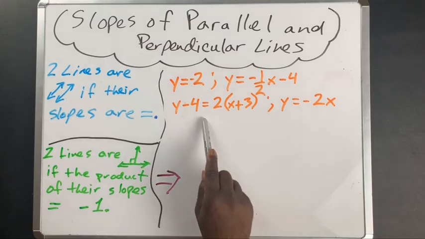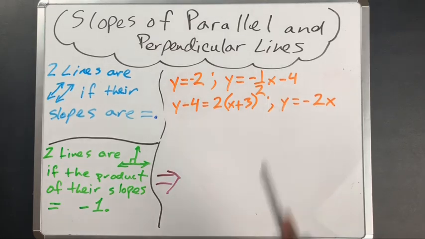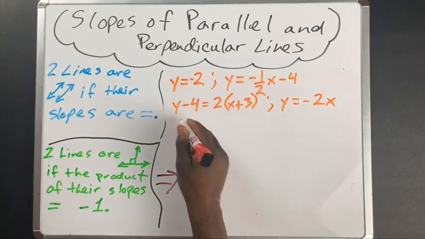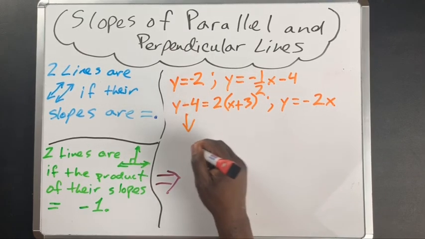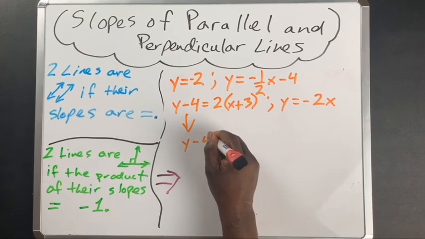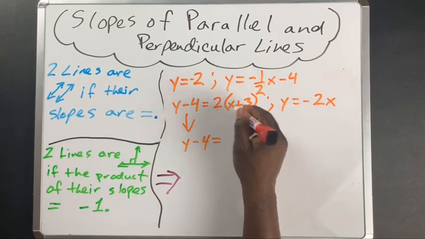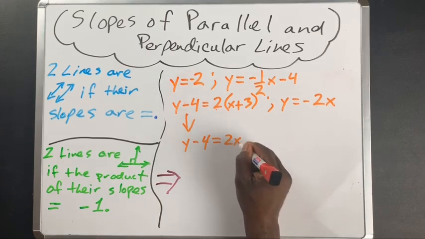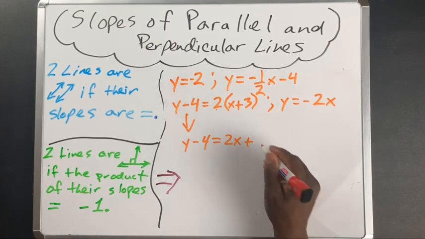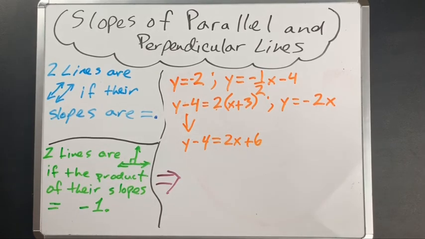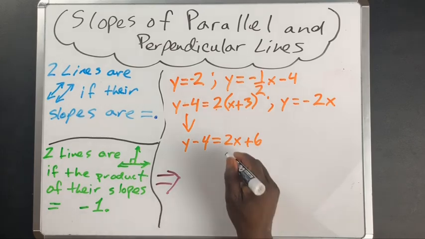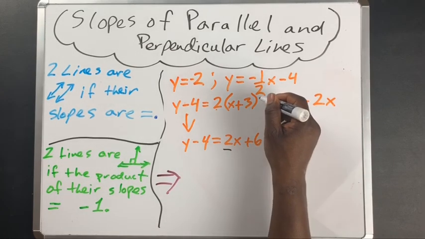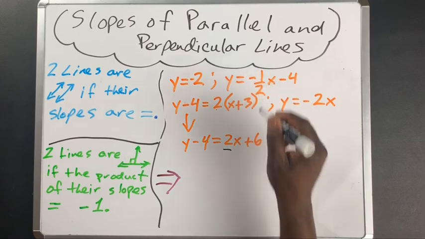All right, what about this equation and this equation? We could simplify that. We see we have a slope of -1/2. If I simplify, that's going to give me y minus 4 equals, distributing, 2 times x plus 2 times 3, which is 6. So I see this slope right here is 2, and this slope here is -1/2.